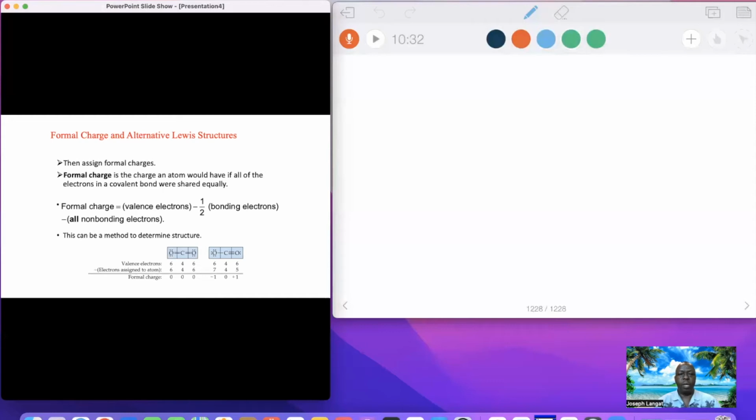In other words, the one with the least formal charge is the plausible Lewis structure for that molecule. And formal charge has nothing to do with the group number. No, you cannot use the periodic table to predict it, but you have to use this equation.